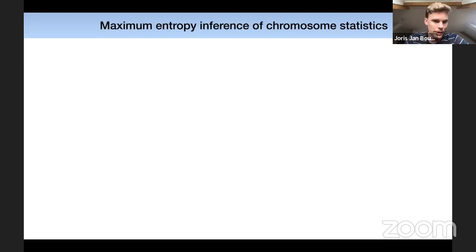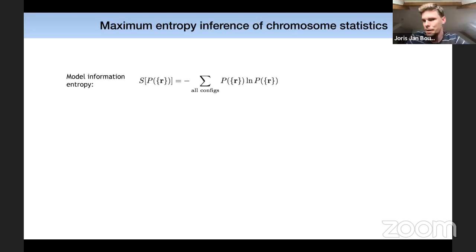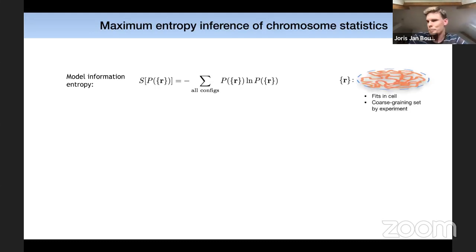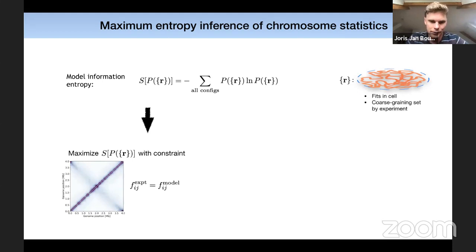So the starting point of the method is the distribution of probabilities P of chromosome configurations R. And for each of these possible configurations, we demand that it fits inside the cellular confinement. And now we write down the entropy of this distribution, and we want to maximize it, but under a constraint, which is that the contact frequencies of the model have to match the contact frequencies from the experiment.